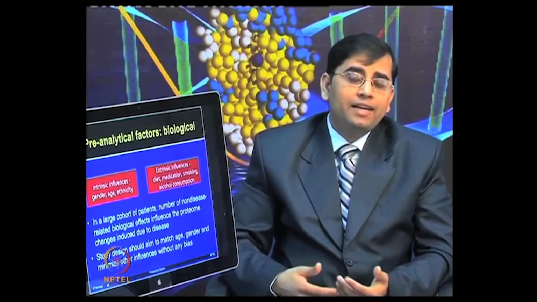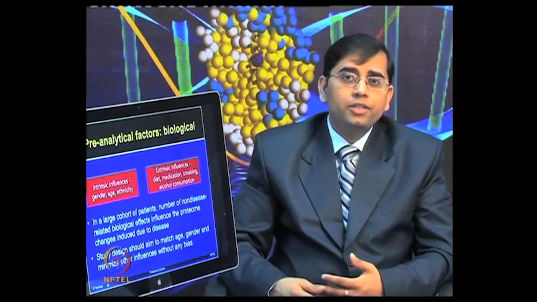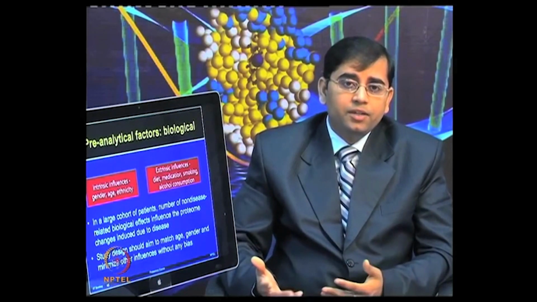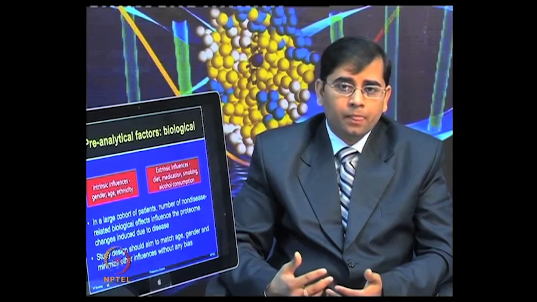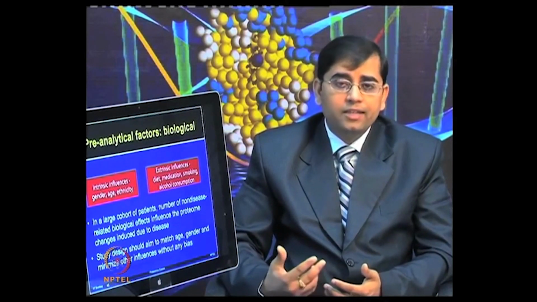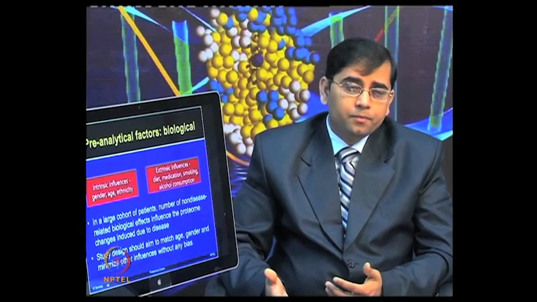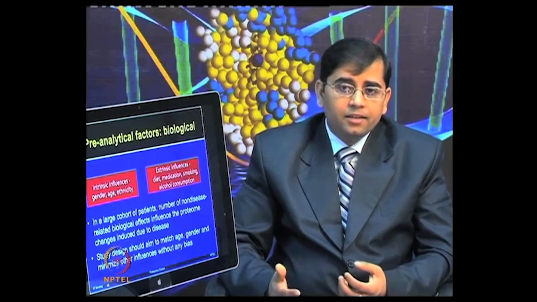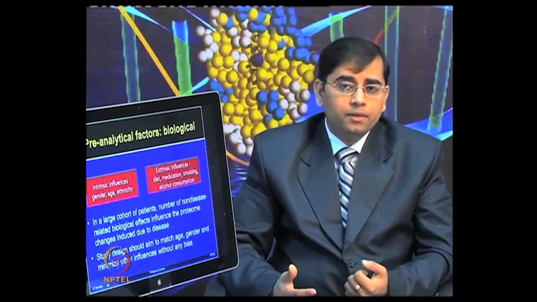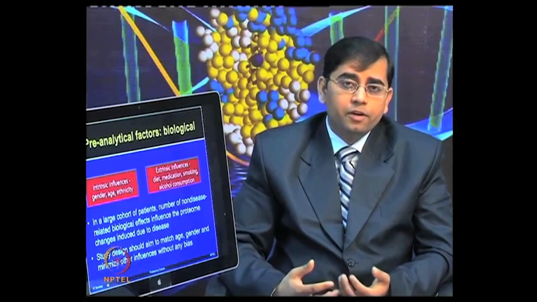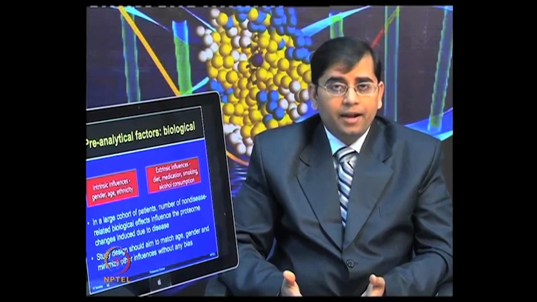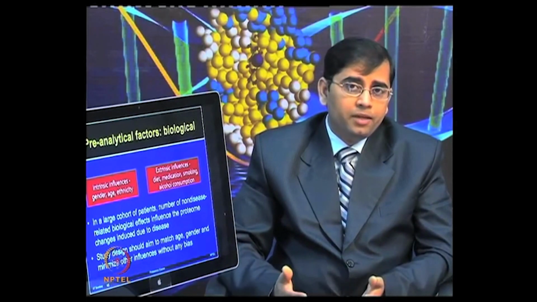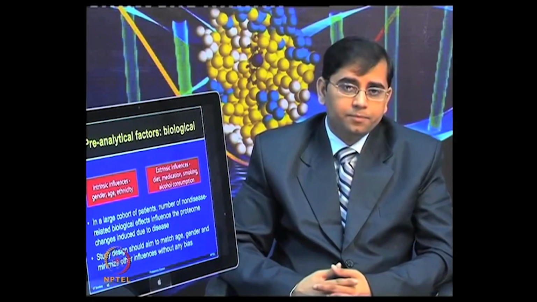But when you want to validate your samples, then you need to extend your analysis to different age, ethnicity and gender. Try to avoid the extrinsic influences such as diet, smoking, alcohol, different types of drug medication. These are going to alter the proteome and your discovery process will be influenced by these factors.